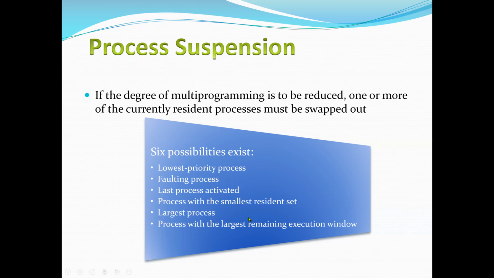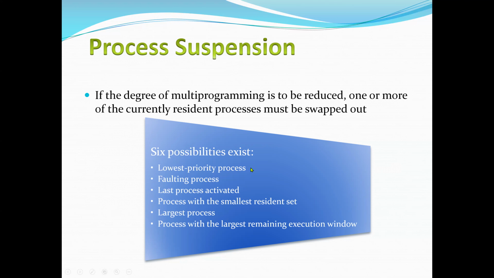The lowest priority process: this will implement a scheduling policy decision and is unrelated to performance issues. We also have the faulting process. The reason is that there's a greater probability that the faulting task does not have its working set resident, and the performance will suffer least by suspending it.